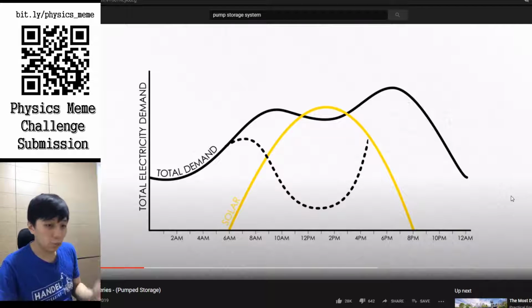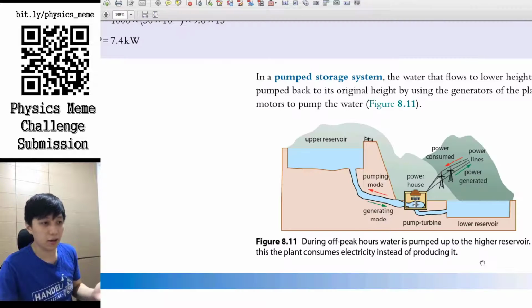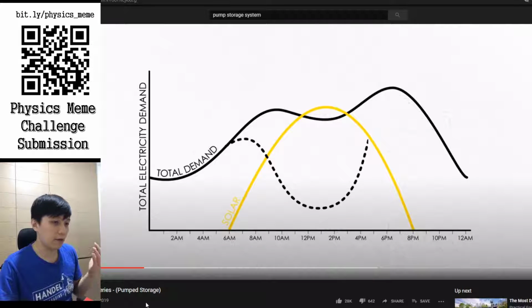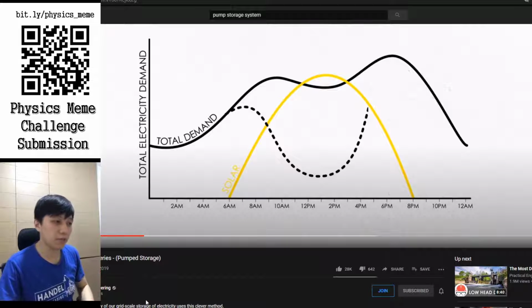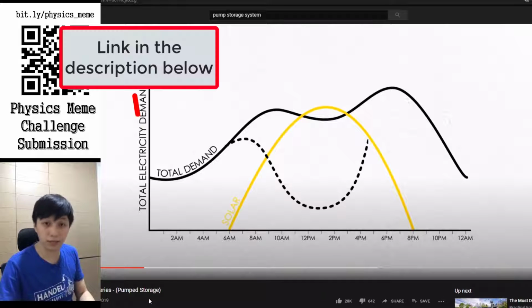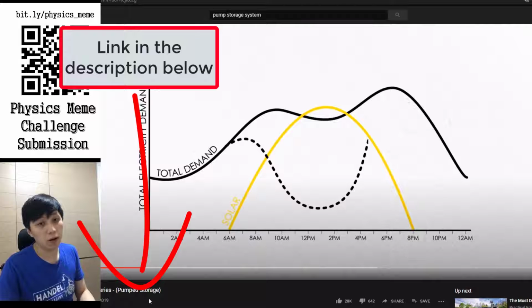So that's why we have such a thing called the pump storage system. Here is a very good video from Practical Engineering. I'll put a link in the description below. I would encourage you to go and check it out.